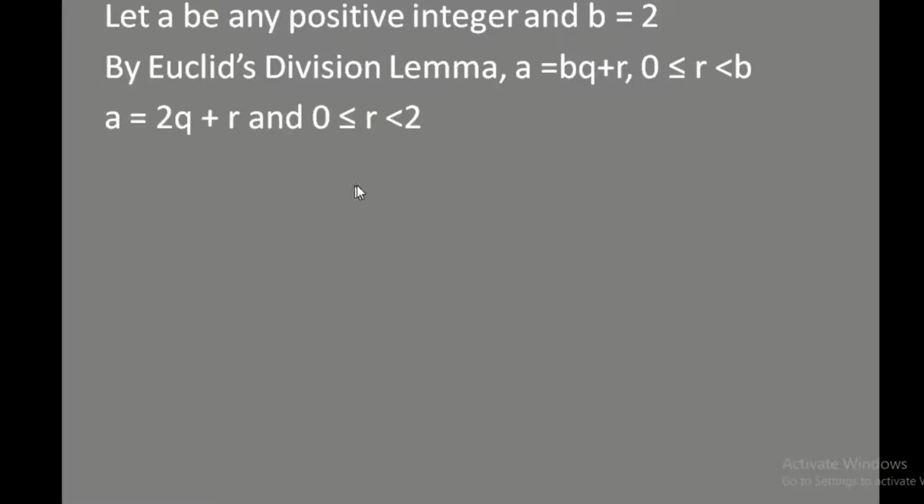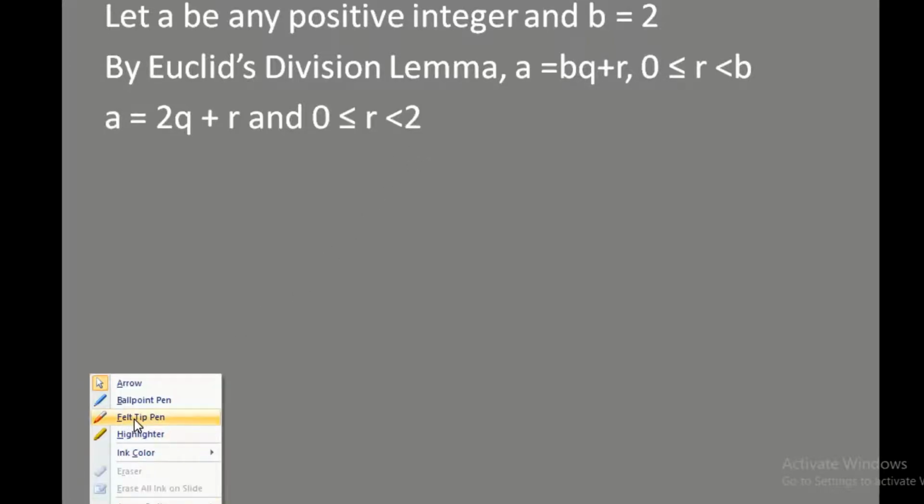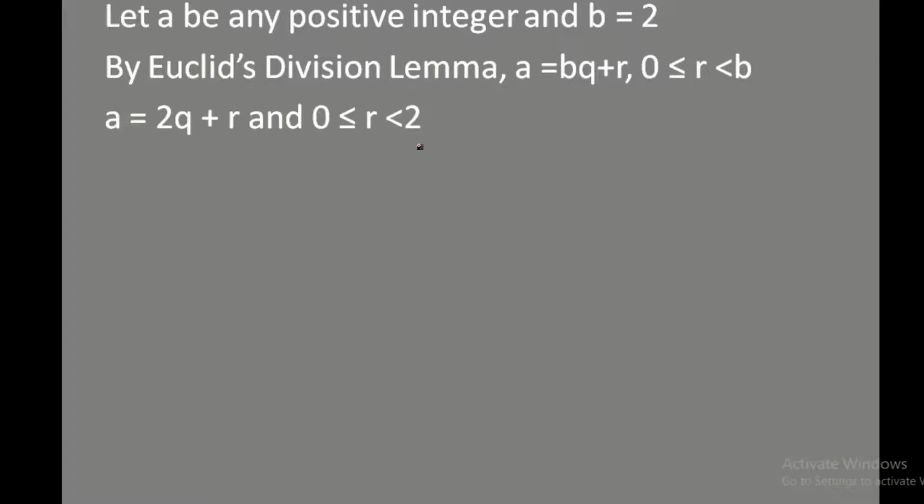So here you can understand that r is either equal to 0 or r is equal to 1, because r should always be a value less than 2.